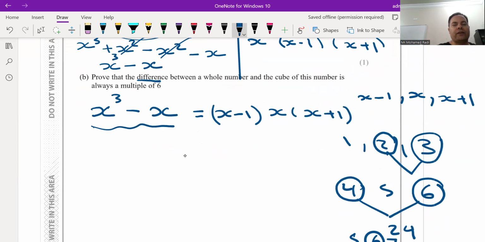When we write the difference between a cube number and the number itself, it is equal to a product of three consecutive numbers.